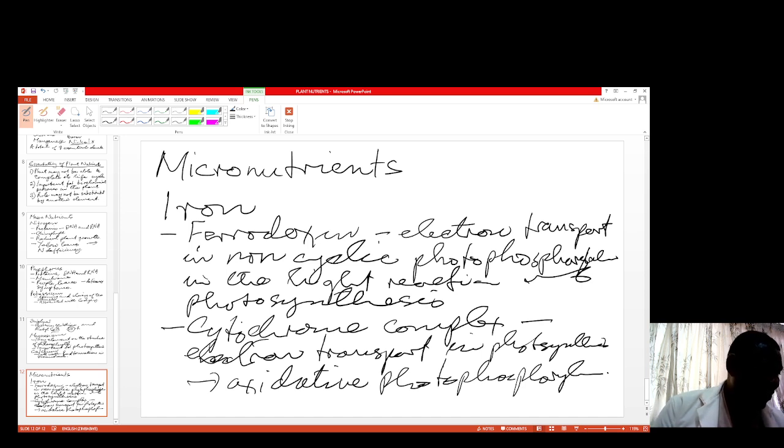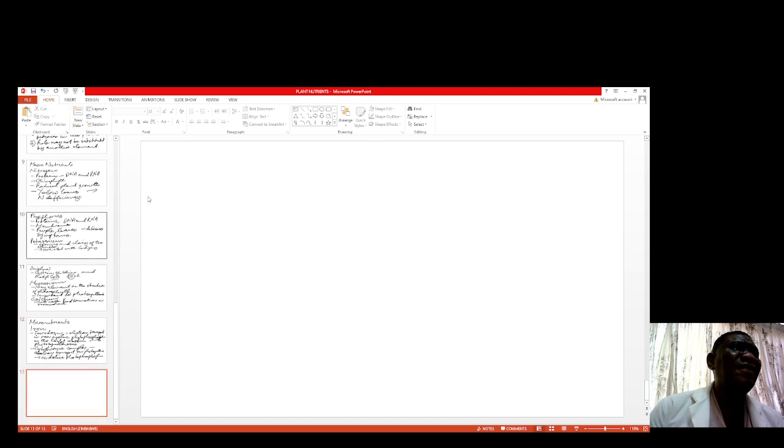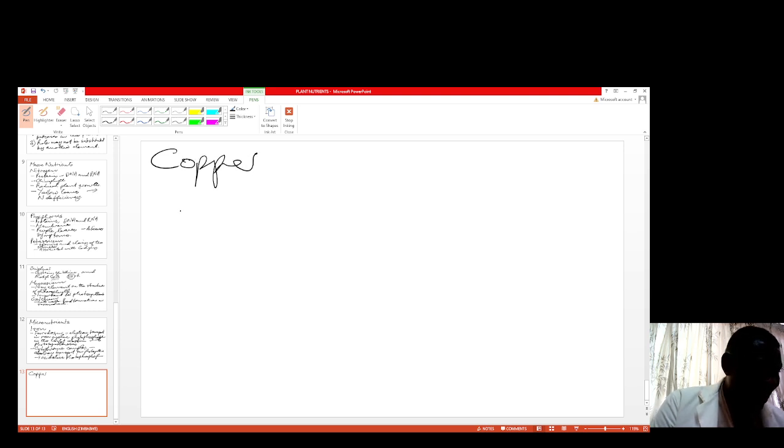Then copper, this one is part of plastocyanin.